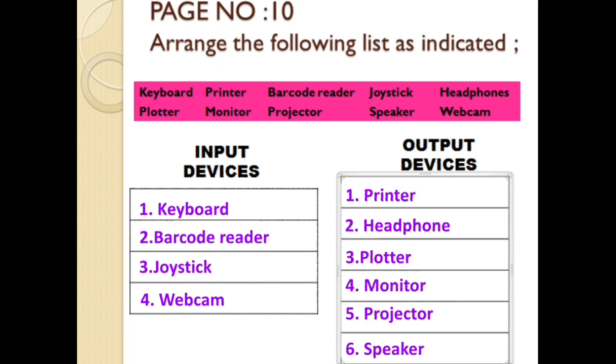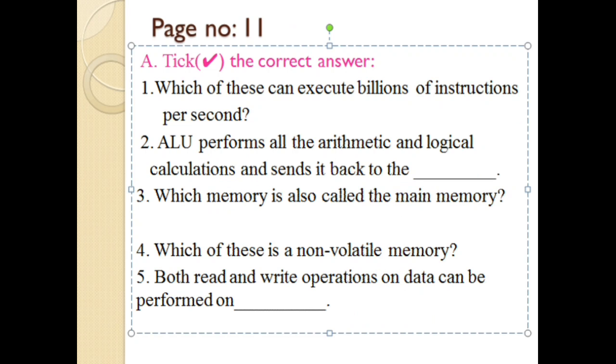Okay students, now we go to our next topic, that is our book exercise. Page number 11, the first Roman numeral: tick the correct answer. You have choices, and you have to select your answer. The first one is: which of these can execute billions of instructions per second?